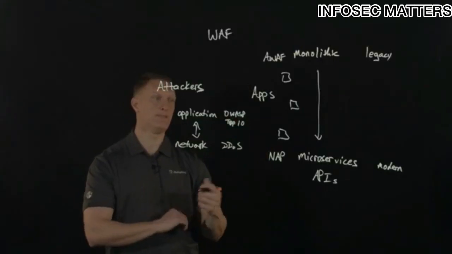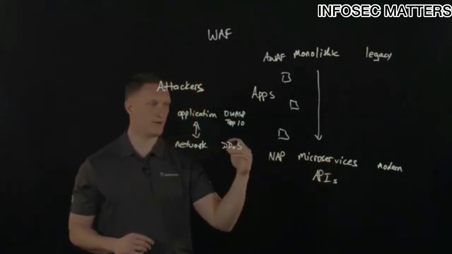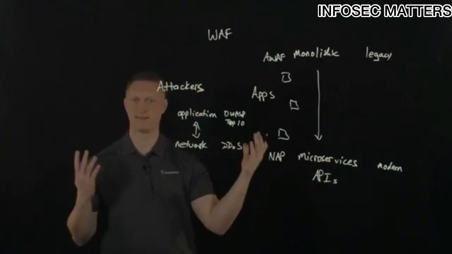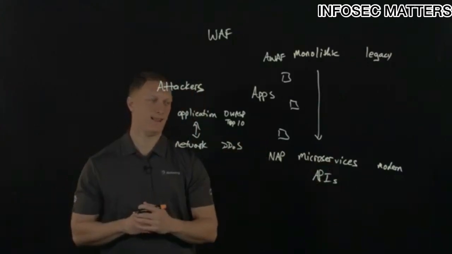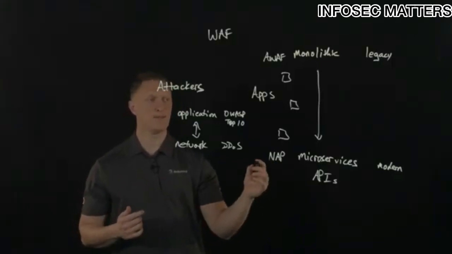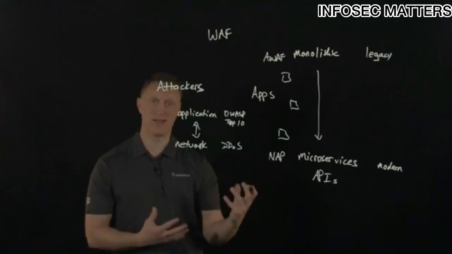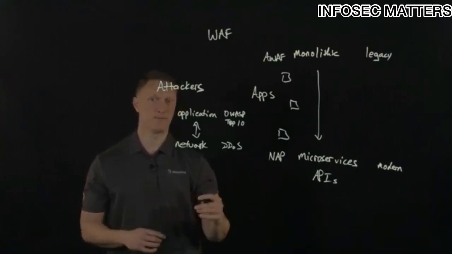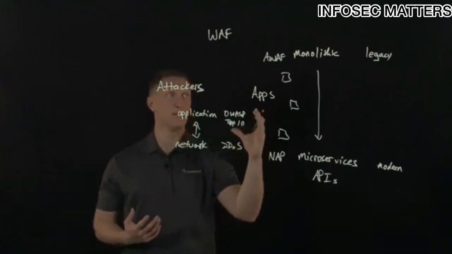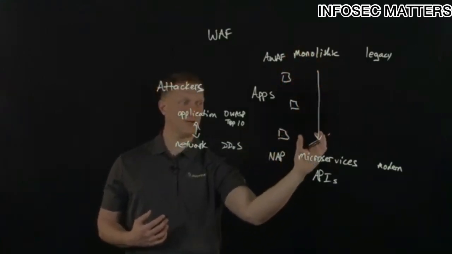If you've got microservices-based applications in Kubernetes clusters on the cloud, changing 1,000 times a day, then you need a web application firewall that can change with that very quickly.